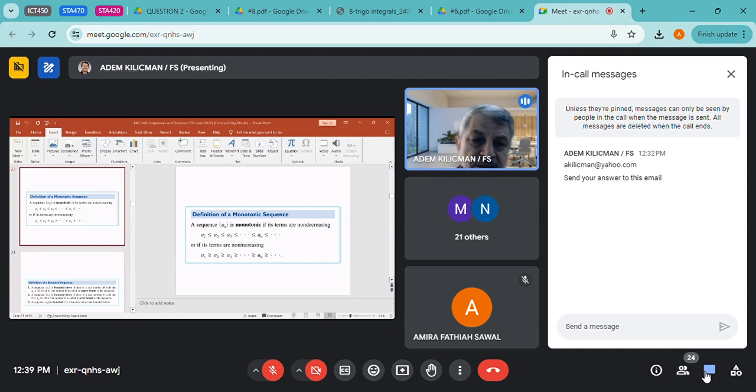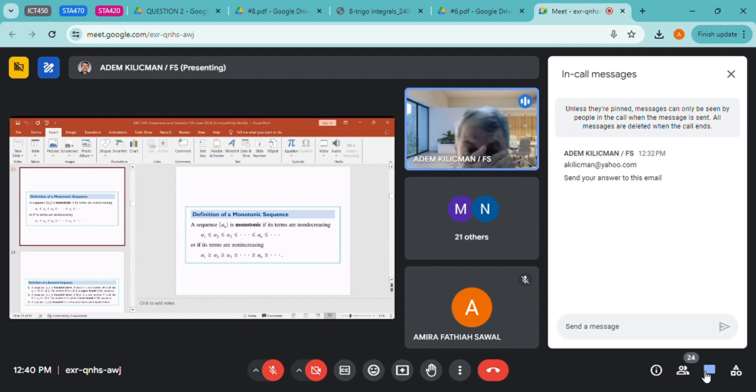So the relationship among the terms of the sequences is in this way, monotonic, or the other way is also possible. A1 greater than A2, A3, and so on. So either of it satisfied by the AN, we call the sequences monotone or monotonic sequences.